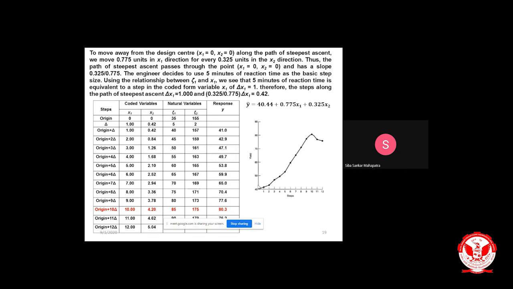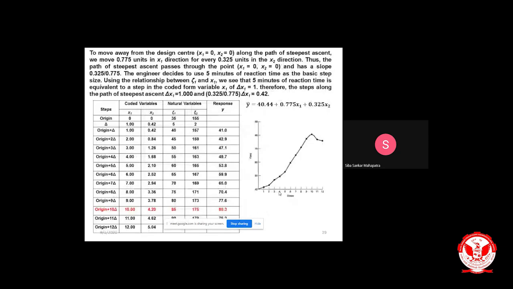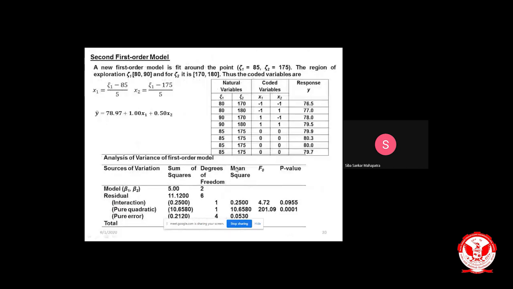Now we check using a linear model, a second first order model. Our current point will be 85 and 175, marked in red. So we search zeta 1 from 80 to 90 and zeta 2 from 170 to 180.